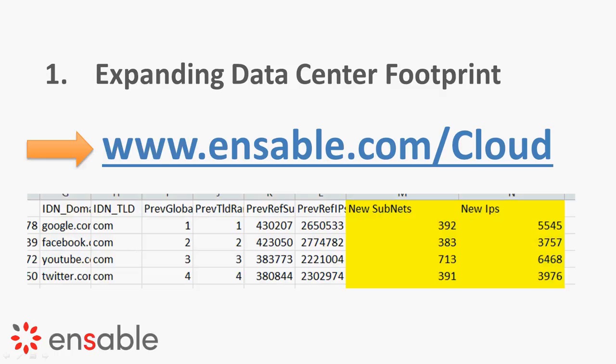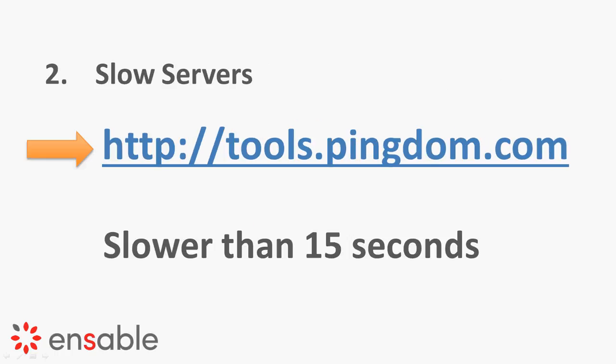If you go to ensable.com/cloud with a capital C, you'll be able to download that Excel spreadsheet. This is updated on a daily basis, so you can run through it and compare it. But the idea here is to look at companies that are experiencing growth within the subnet and IP address realm.